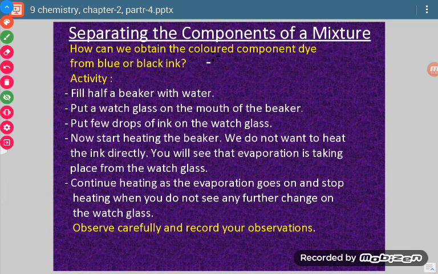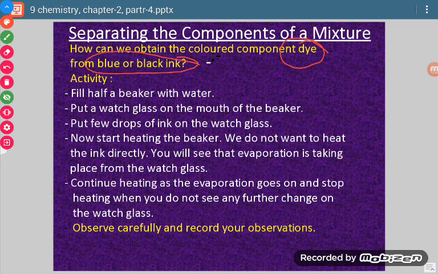So in this activity we have a solution. In this blue or black ink there is water. Water is the solvent and that dye is the solute. Now water has the property to form vapors.